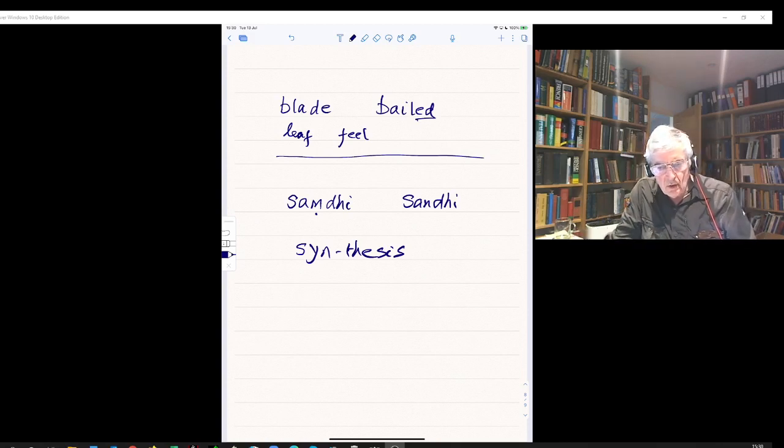So let's now look at the exercises, starting halfway down page 15. I will read them slowly in Sanskrit and give explanations as we go along.